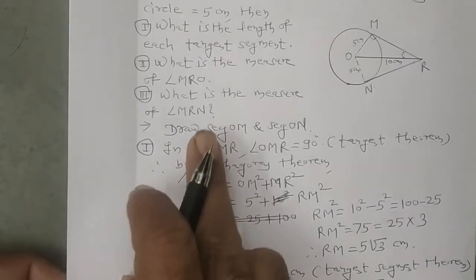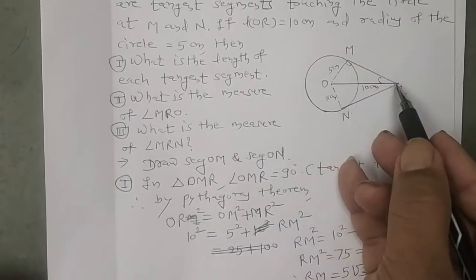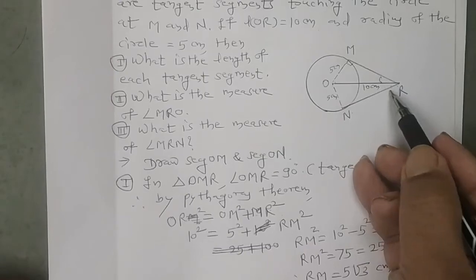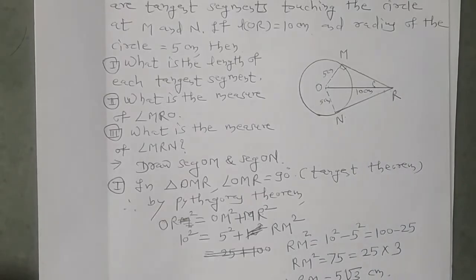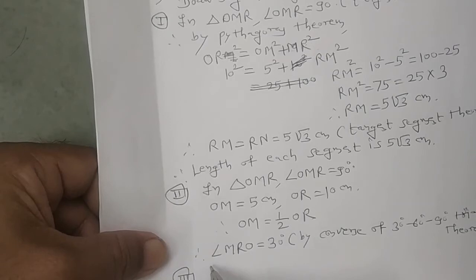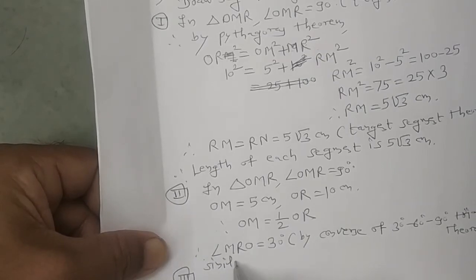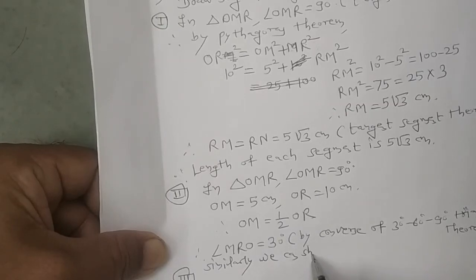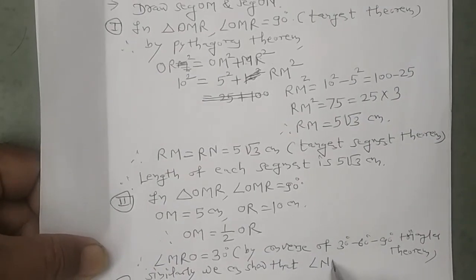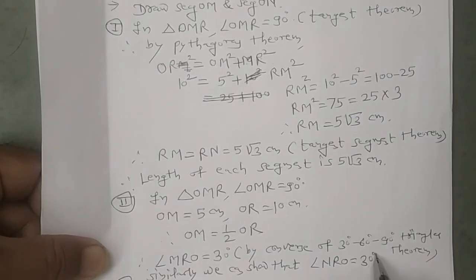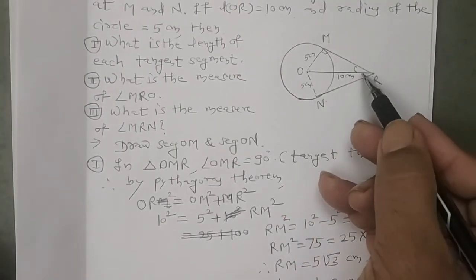Now third, what is the measure of angle MRN? MRN, that is sum of, now this angle MRO is equal to 30 degree. Similarly, we can show that angle NRO is equal to 30 degree. Now we have to find angle MRN.